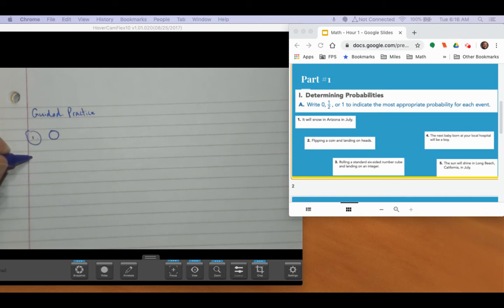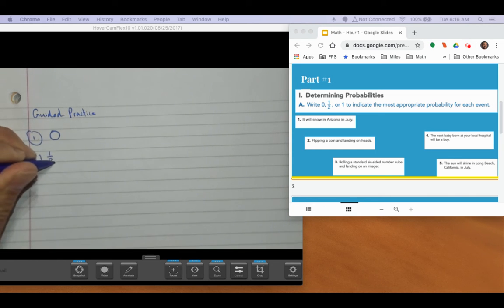Number 2, flipping a coin and landing on heads. Well, there's heads and tails, and so that is a 50-50 possibility. Number 3, rolling a standard 6-sided number cube and landing on an integer.